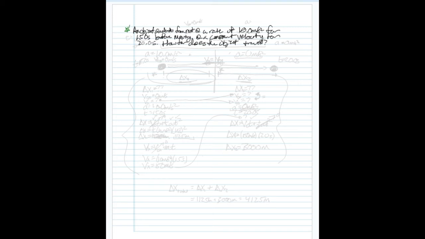This next problem is a much more difficult one. We have an object accelerating from rest. So again, from rest, v0x equals 0 meters per second, at a rate of 10 meters per second squared. That's our acceleration for 15 seconds of time, before moving at a constant velocity.